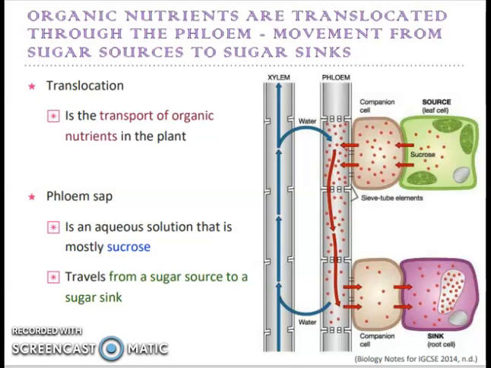Okay, now this is the next topic we want to discuss under chapter 11, talking about the transportation of organic nutrients inside the plant tissue using the phloem vessel. In plants, in the process of photosynthesis, the main product is the glucose molecule, but it is usually converted into the larger sucrose molecule in plant cells before being transported into the plant vessel.